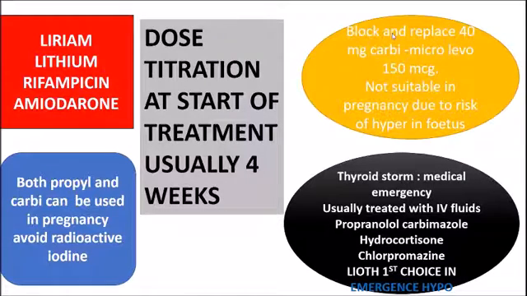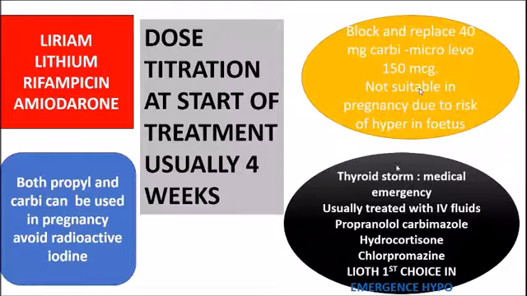The block and replace regimen is basically you give 40 to 60 milligram carbimazole plus 100 to 150 microgram of levothyroxine to suppress the thyroid stimulating hormone, and then replace with thyroid hormone as levothyroxine to maintain normal metabolism.